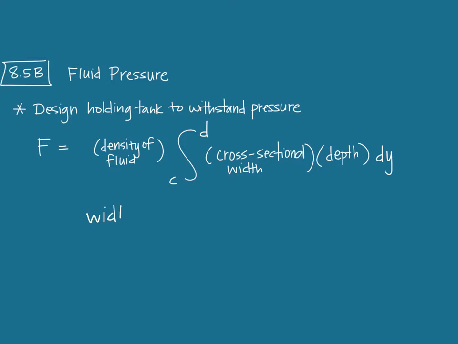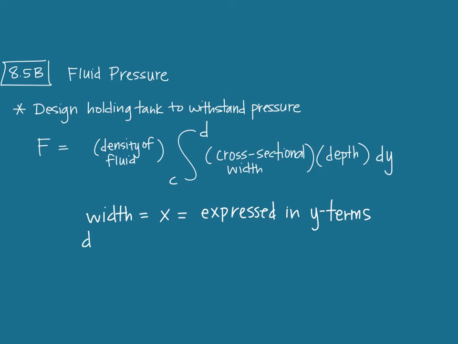The width is going to be x, but it's going to be expressed in terms of y. So x equals something. So if you're given an equation, you have to convert it into y terms. So width is always x. It's a horizontal width, cross-sectional, but it's expressed in y terms.